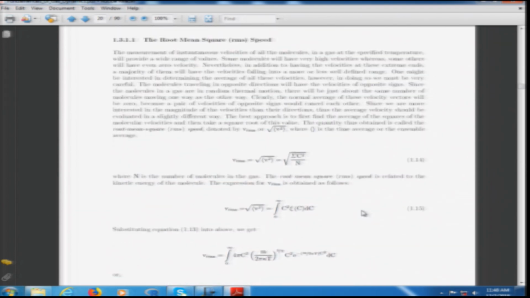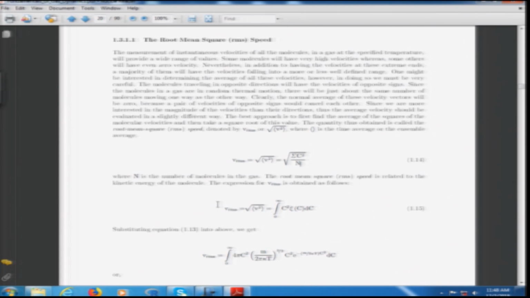Now, how do we calculate this speed using the Maxwell-Boltzmann distribution? From the kinetic theory of gases, Vrms can be represented as the square root of the ensemble average of the molecular speed squared, equal to the integral from 0 to infinity of c square xi c dc.